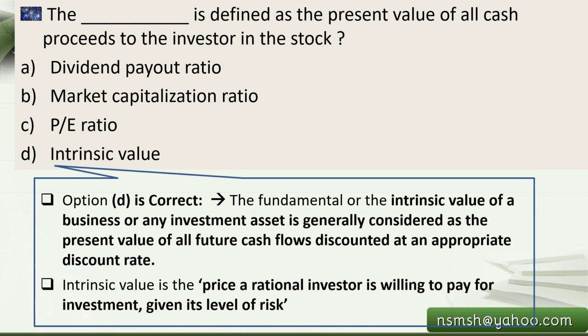The correct answer is option D, intrinsic value, because we have already studied that the fundamental or intrinsic value of a business or any investment asset is generally considered the present value of all future cash flows discounted at an appropriate discount rate. So the question also defines that. Therefore option D is correct, and all other options are meaningless. Intrinsic value is the price a rational investor is willing to pay for an investment given its level of risk.